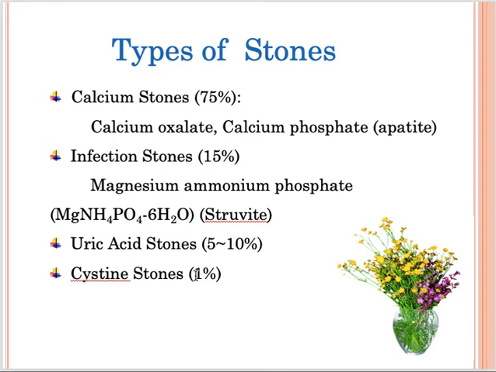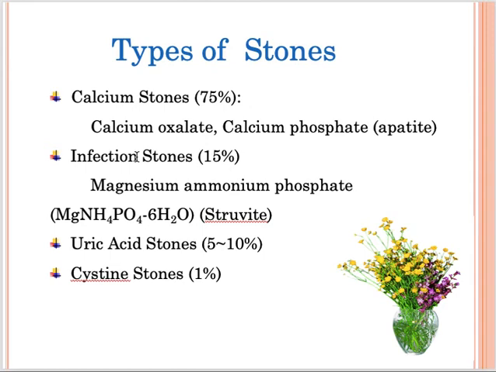These are all the kinds of stones which can present in people. Out of these, the calcium stones and struvite, the magnesium ammonium phosphate stones, are visible on plain radiography, but the other stones cannot be seen on plain radiography.